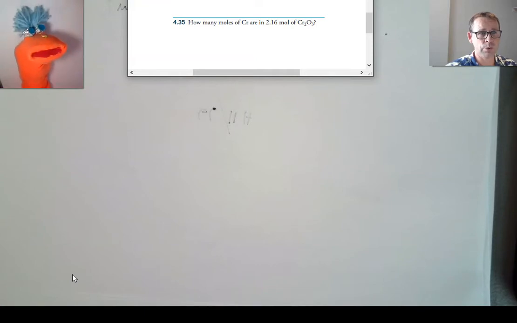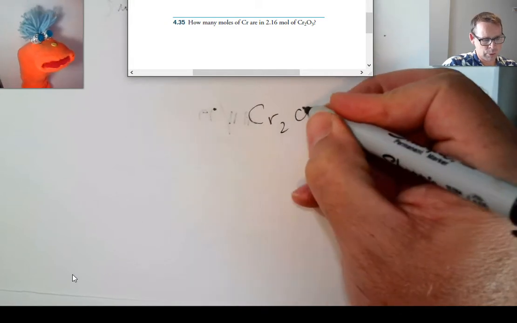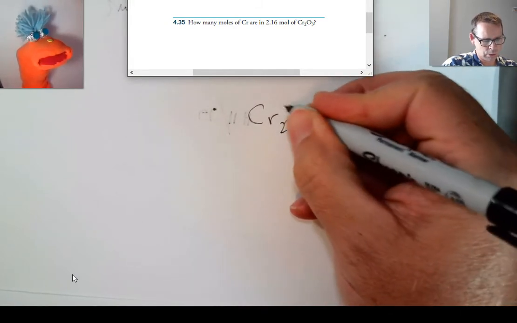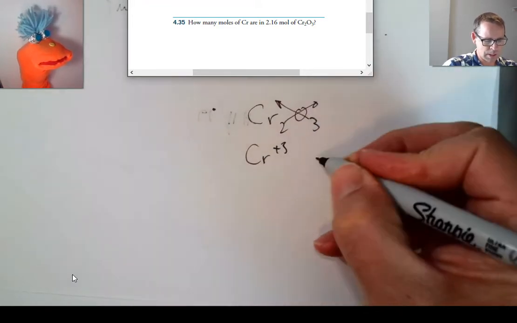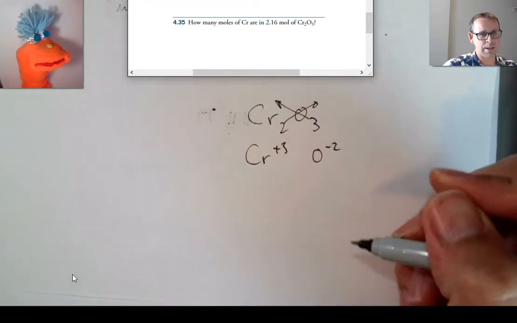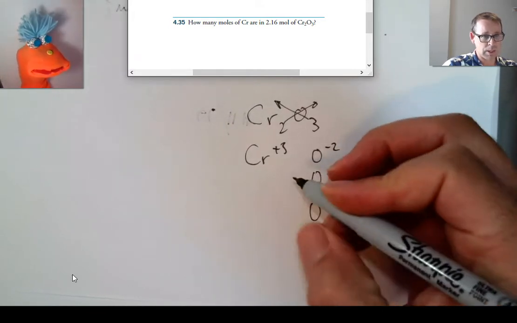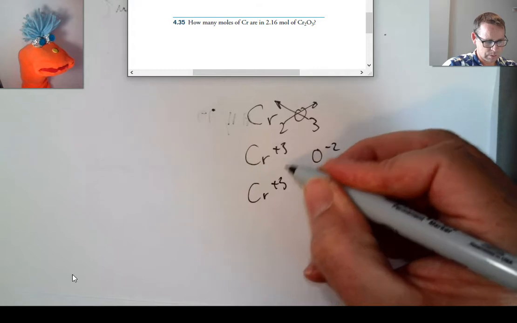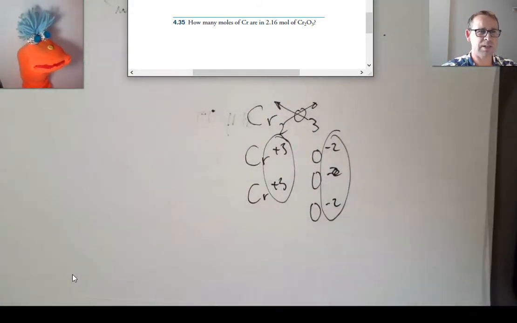I think so. If you use the reverse crisscross, yeah, reverse crisscross, the 2 goes, yeah, so it's chromium 3 oxide. Very good. This is a mix of chromium 3 ions and oxide ions. There's 3 of these oxide ions and 2 of these chromiums, right? And we see that they both add up to positive 6 and negative 6.